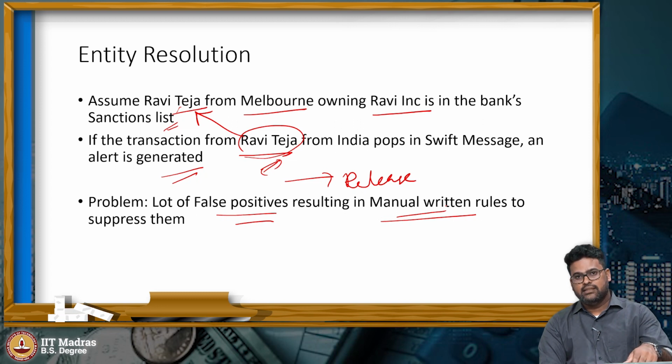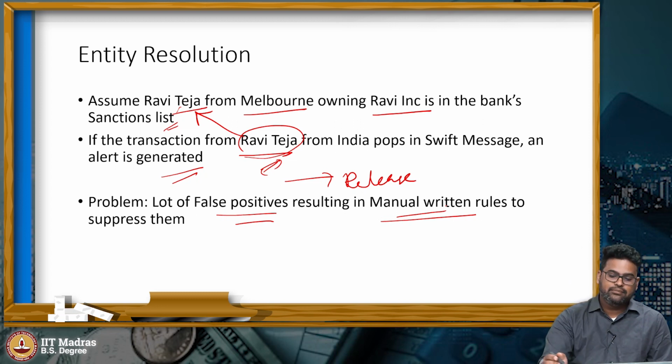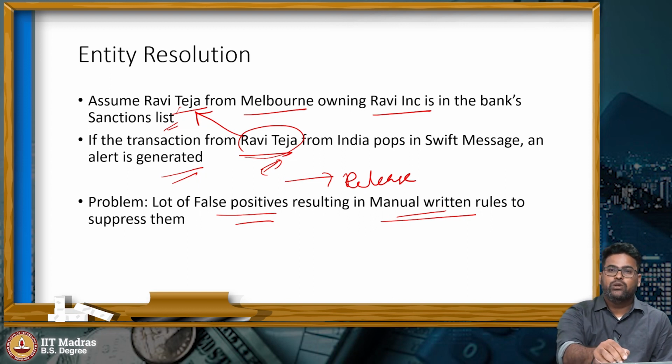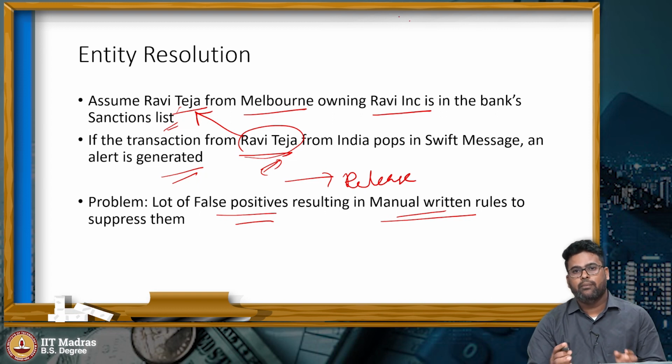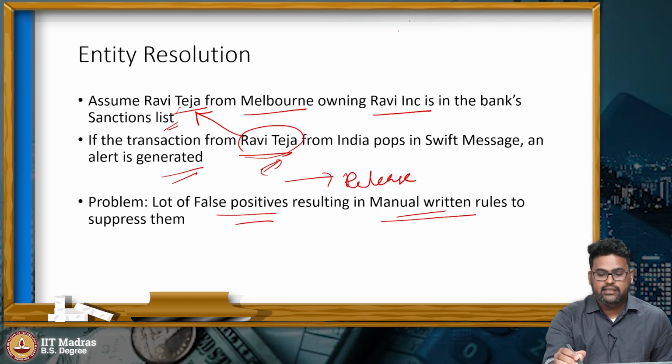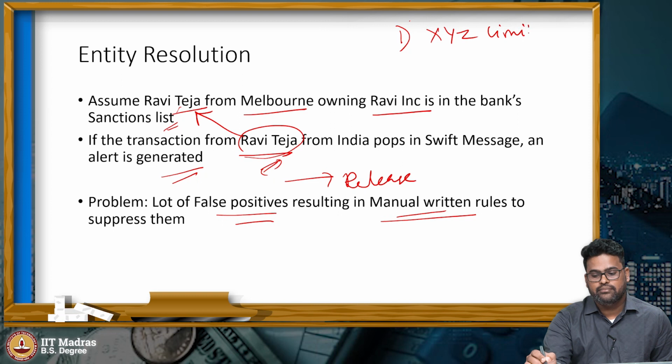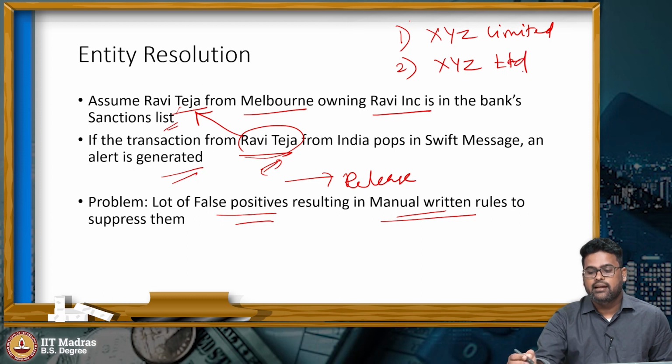In this transaction filtering system, as you can see, the problem is occurring because it's grouping together. Now let's assume two people enter a bank and they have initiated transactions to XYZ Limited and XYZ Ltd. And let's assume the transaction amounts are $10,000 each.